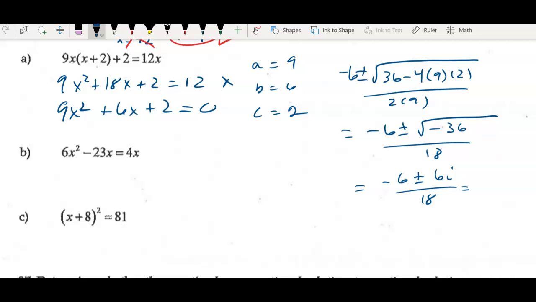So you can leave it like that. You can split it up. When you split it up, this negative 6 over 18 comes out to negative 1/3. And then, of course, this side comes out to 1/3 i. So there's your answer.